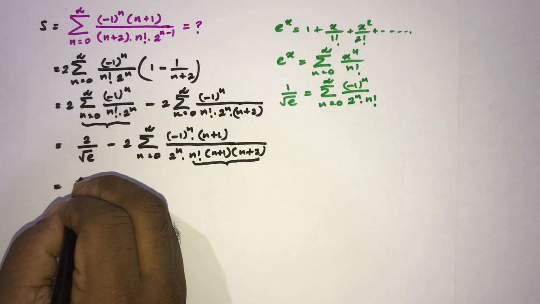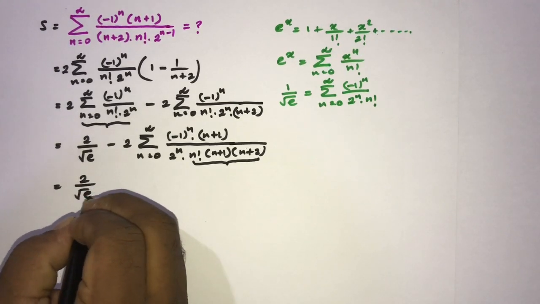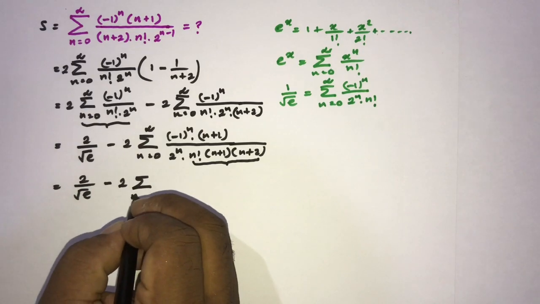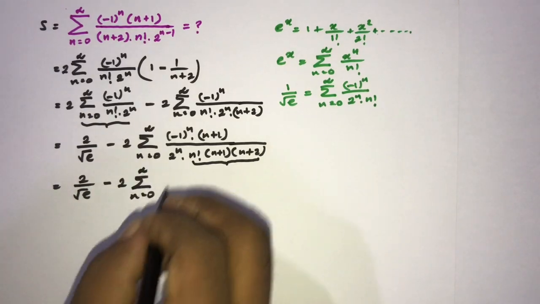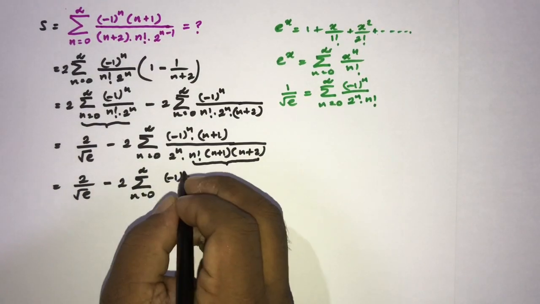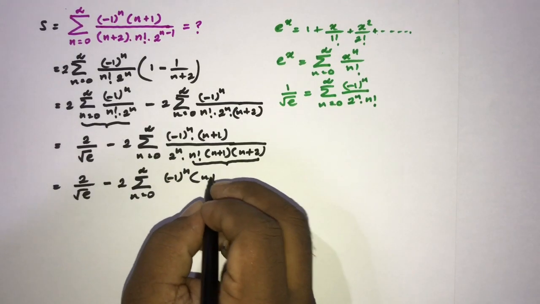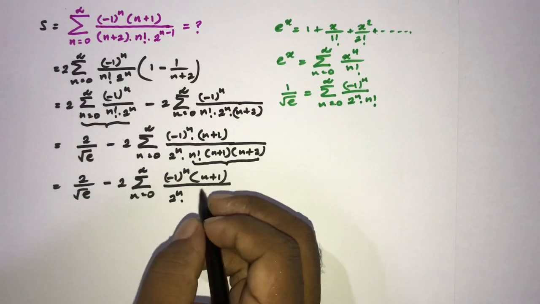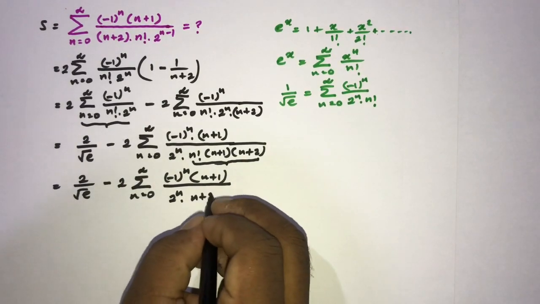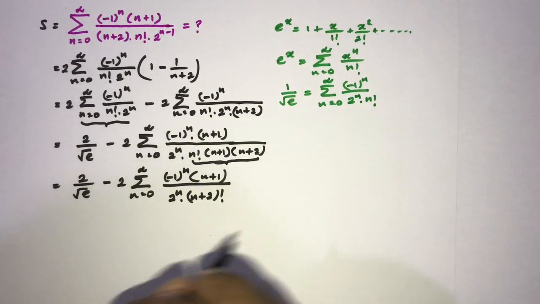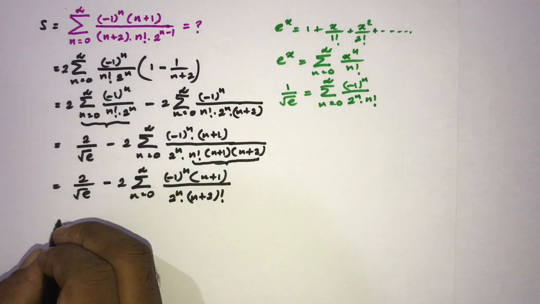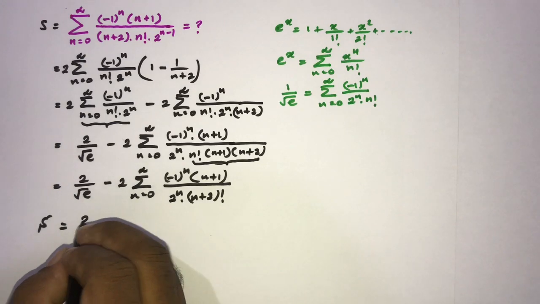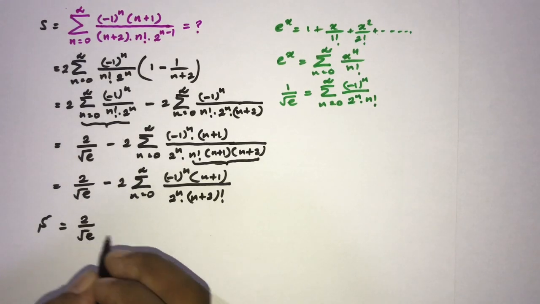So we can write this is equal to 2 over the square root of e minus 2 times the infinite sum of minus 1 to the n power, n plus 1 over 2 raised to the n times n plus 2 factorial.